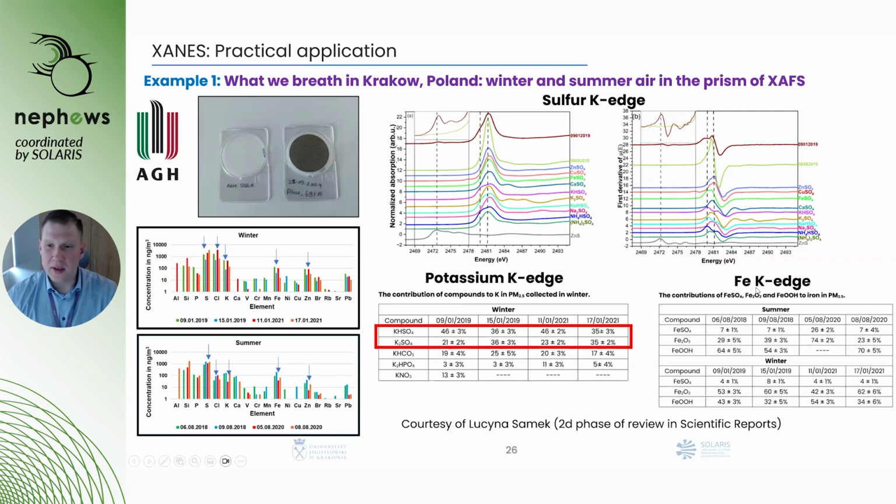And measuring at other edges, for example the iron K-edge, allows us to prove that we have different types of oxides and hydroxides in the air during summer and winter.